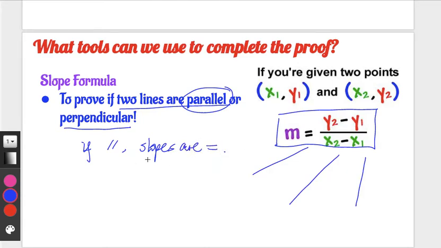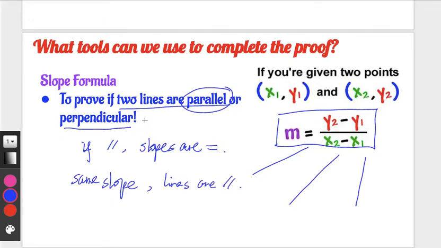In easy words, when two lines are parallel, the slopes are the same. Vice versa, if I can show the two lines have the same slope, that means they are parallel.